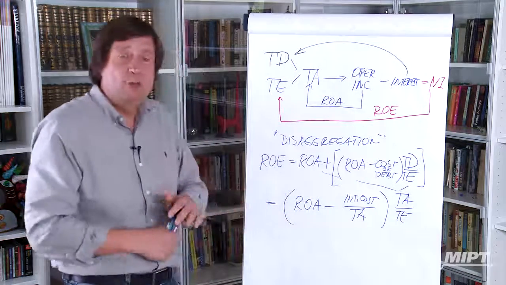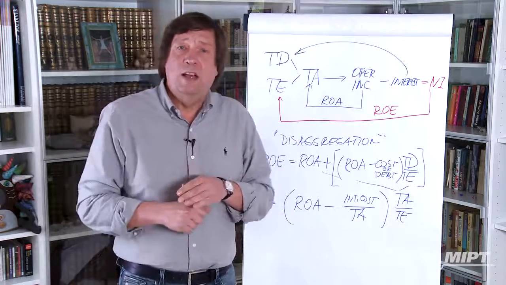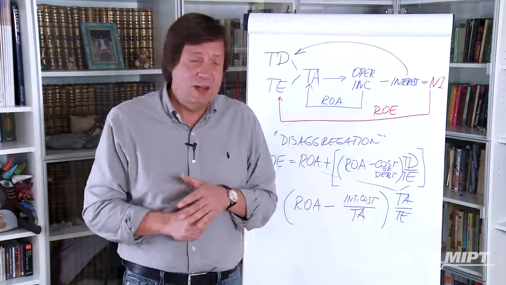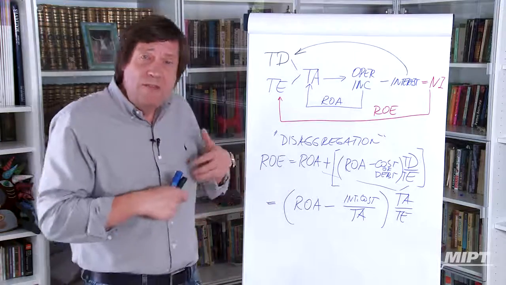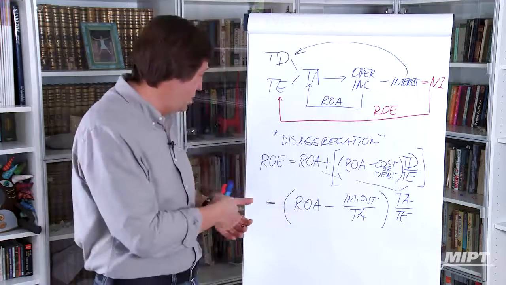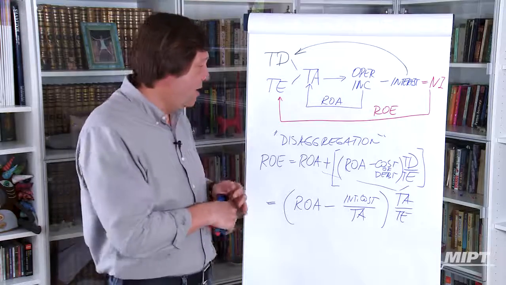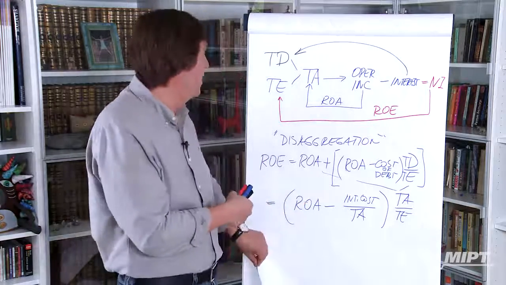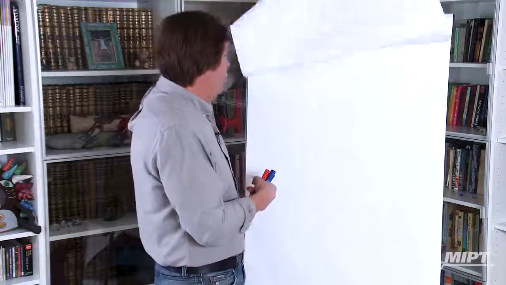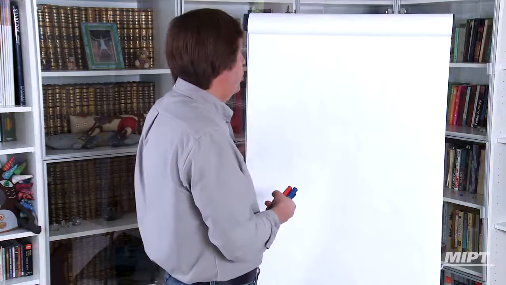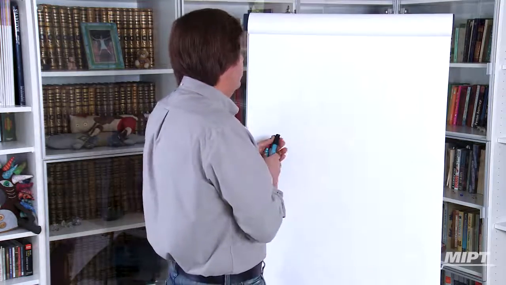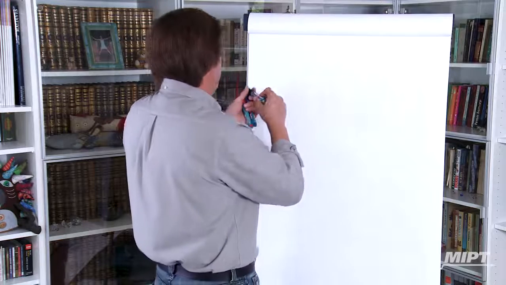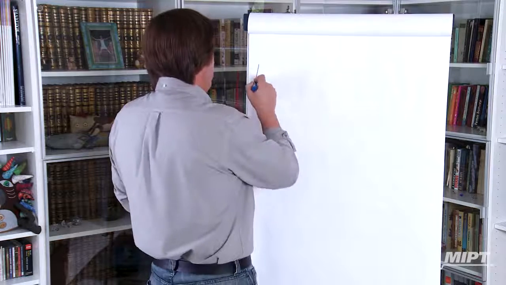So we are talking about some algebraic or even arithmetic manipulations here, but sometimes they focus on a certain part of the activity or on a certain special component or special ratio within that. Now, to show another thing to you, I can give an example of disaggregation of return on equity in the following way.